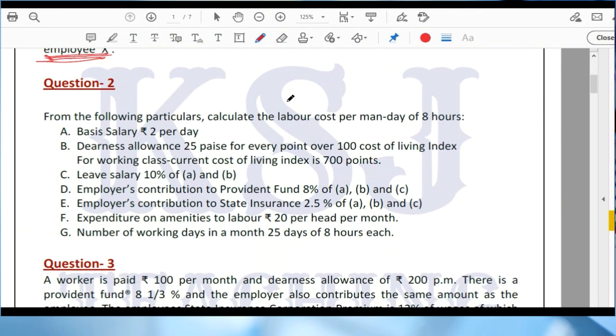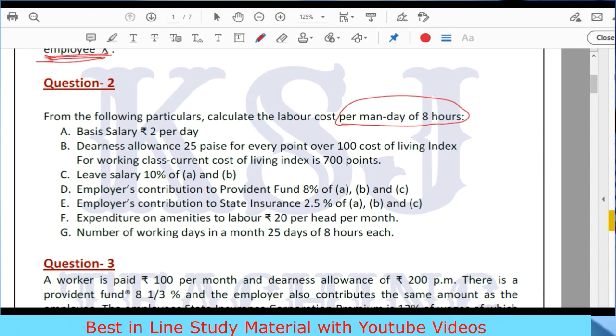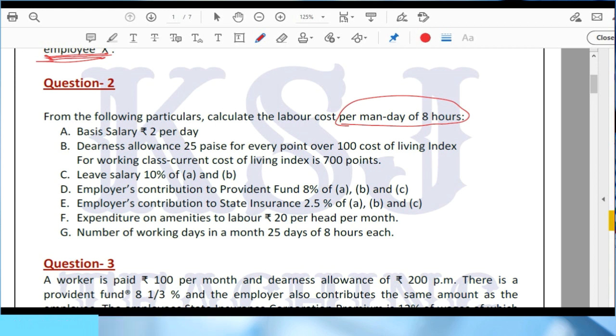From the following particulars, calculate labor cost per man day of 8 hours. So the question says you have to calculate the labor cost for 1 day and there are 8 hours in 1 day. Basic salary rupees 2 per day. DA allowance 25 paisa for every point over 100 cost of living index.